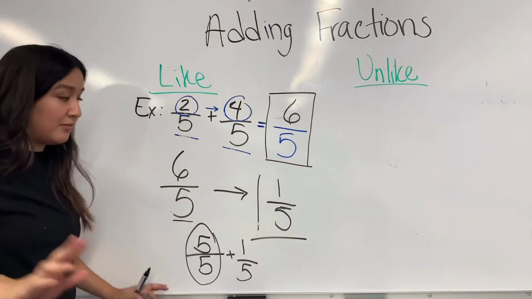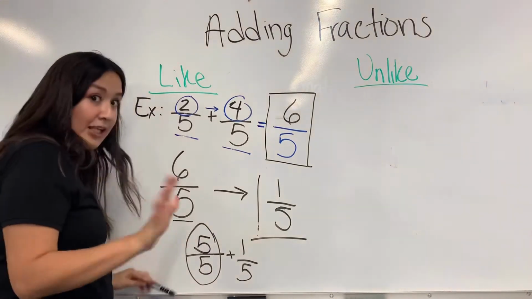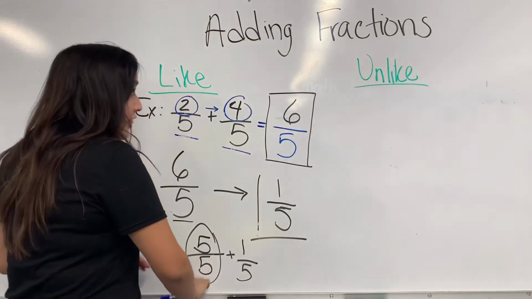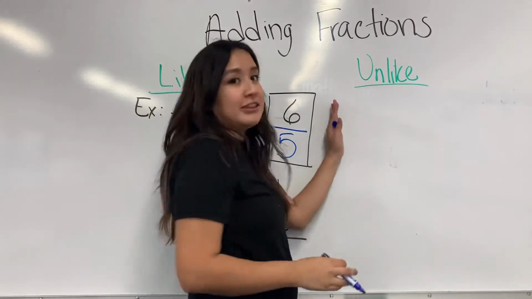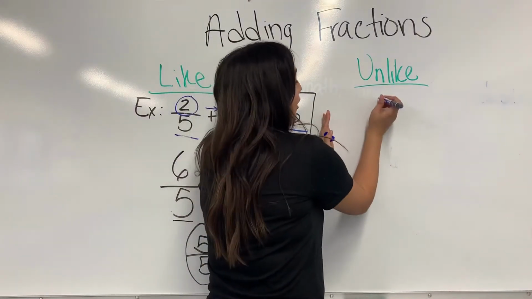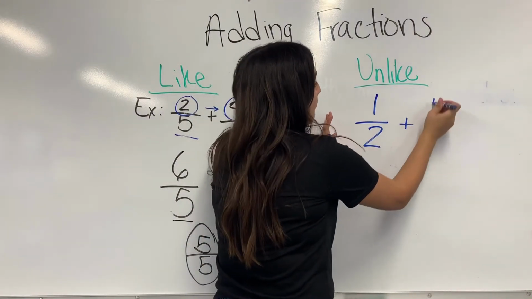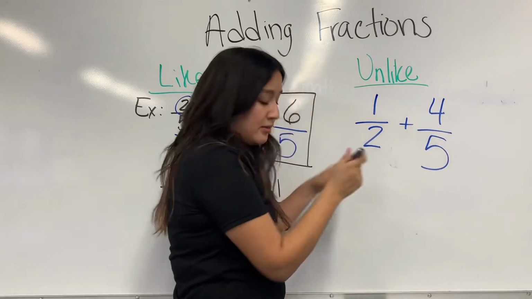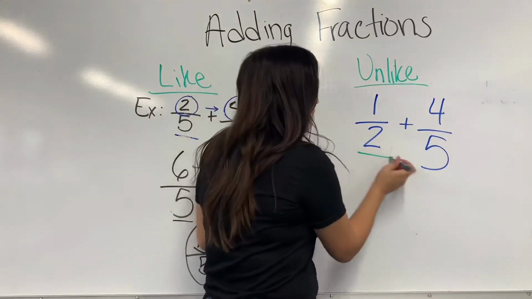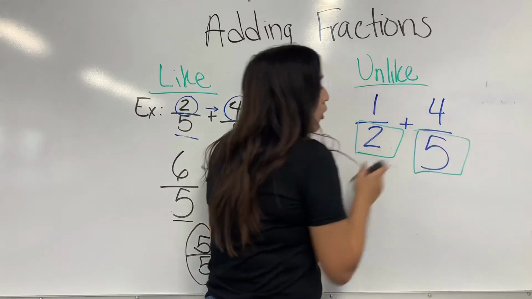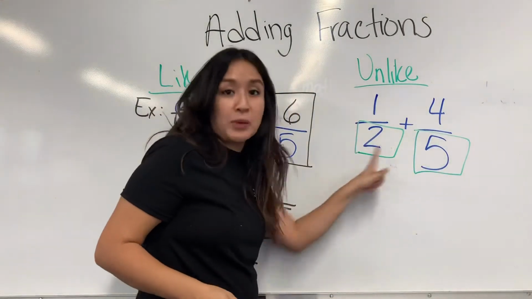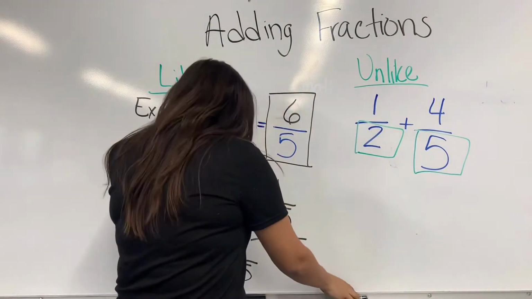Stop. Okay? Anyways, let's do unlike fractions. Unlike fractions are something like this. You look at the denominator, they are different denominators. We can't add the numerators until we have the same denominator. So what do we do?